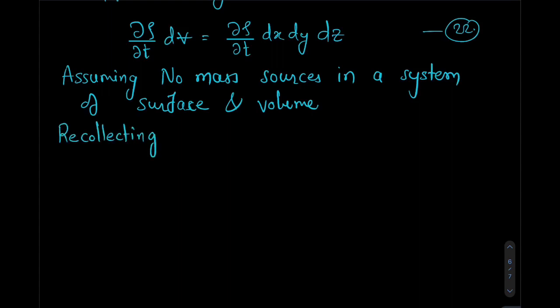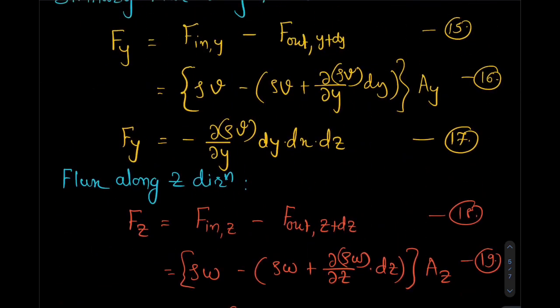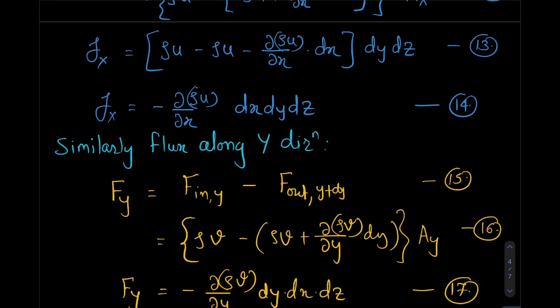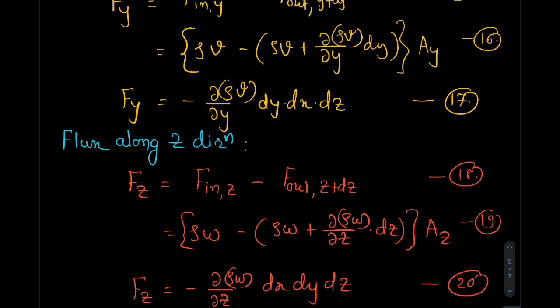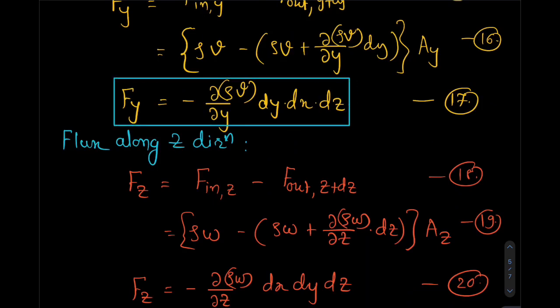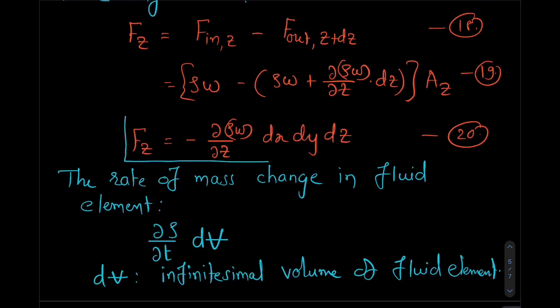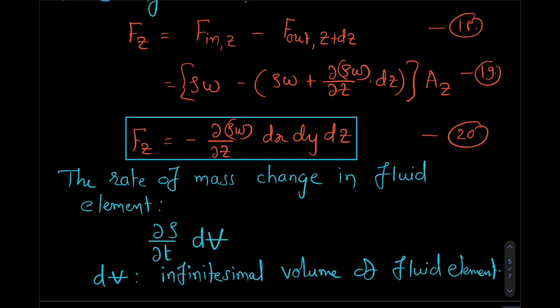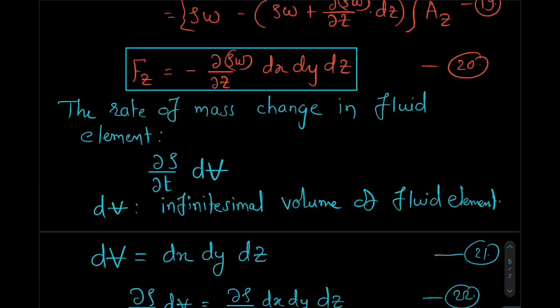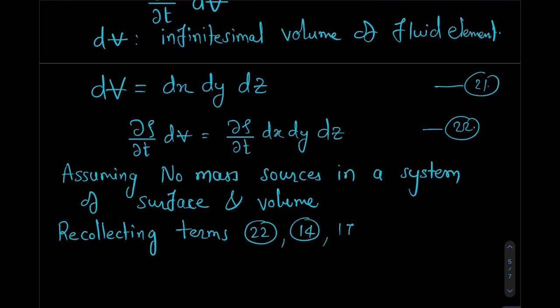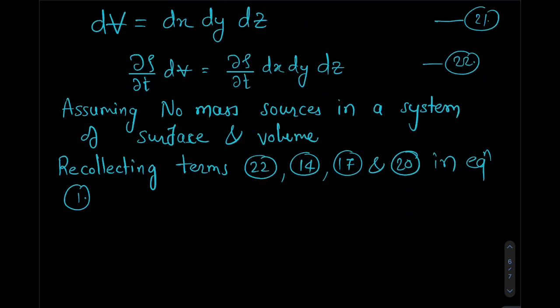So recollecting all the terms which were in 22, then we have this as kfx, which is the 14th equation. Let us highlight them, fy and fz. So those are 22, 14, 17 and 20 in equation 1.